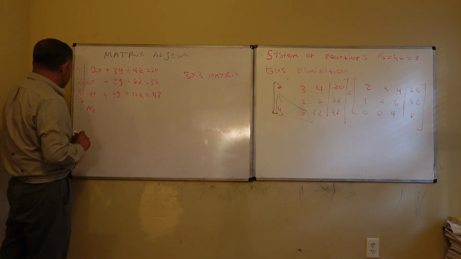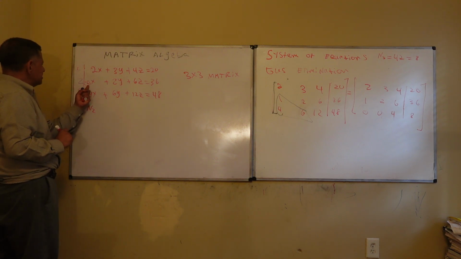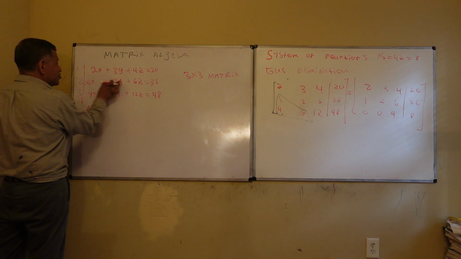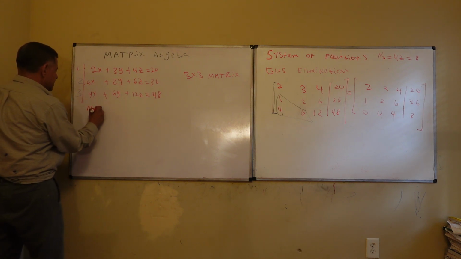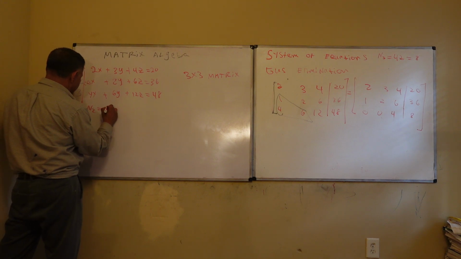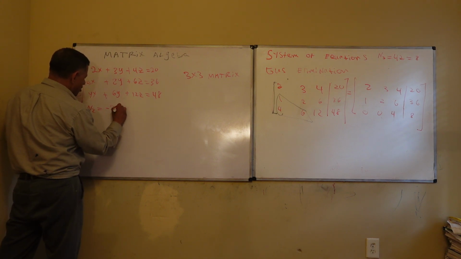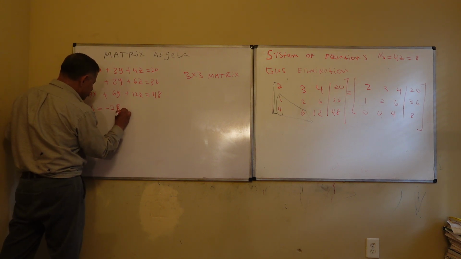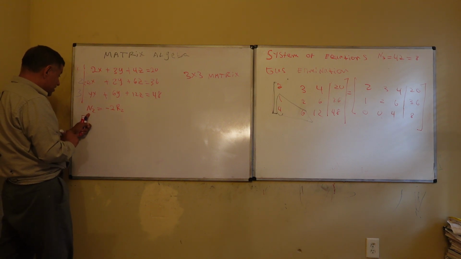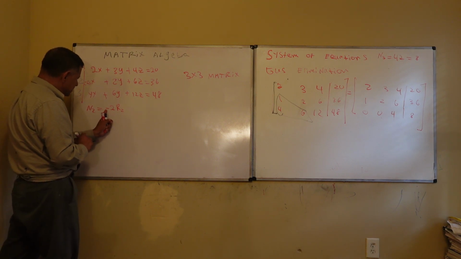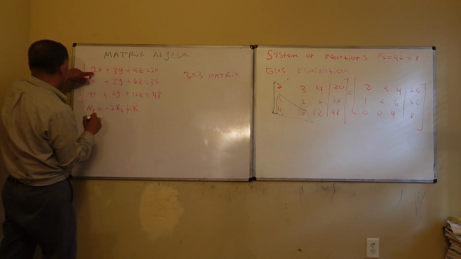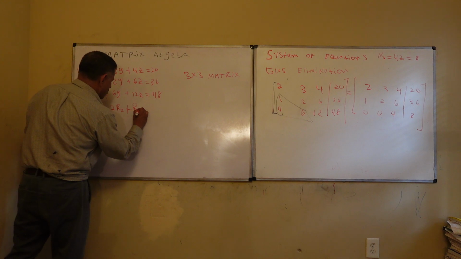Once I multiply this whole row by negative 2, this is going to be equal to negative 2 row 2 plus row 1.